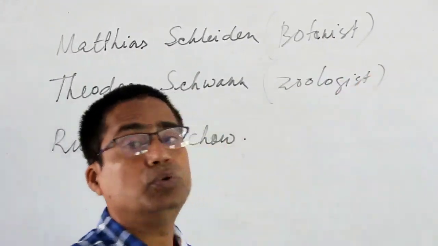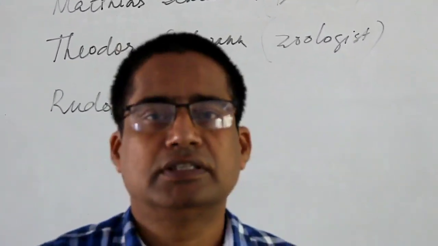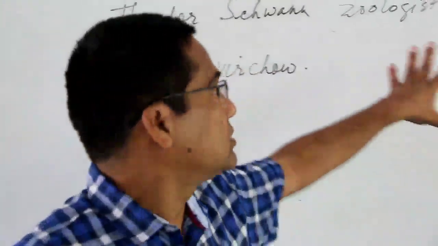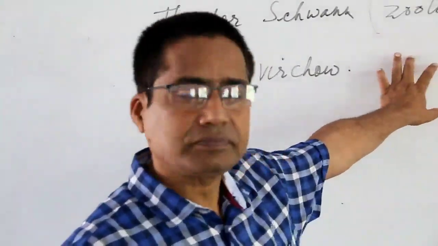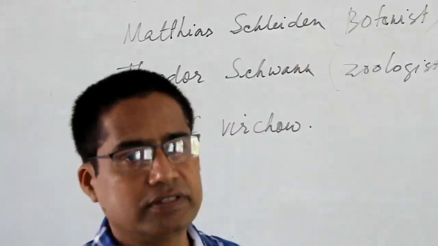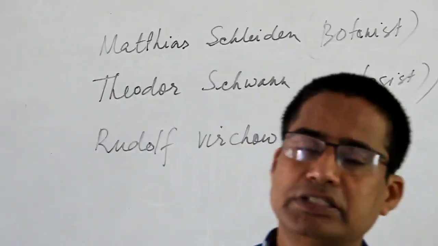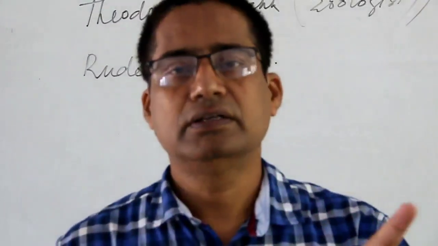A zoologist means a person who engages in the study of animals. So he studied different animals. When he studied different animals under the microscope, he saw that these animals, again, were made up of cells. So he said, yes, plants are made up of cells, and animals are also made up of cells. These two statements are the basic part of the cell theory.